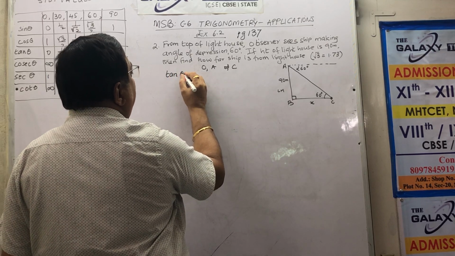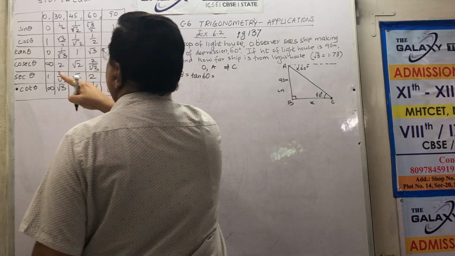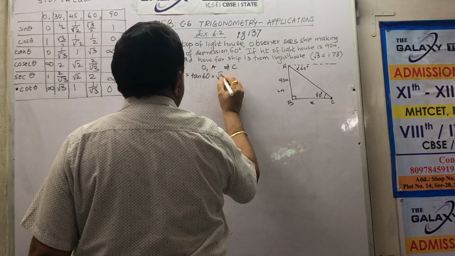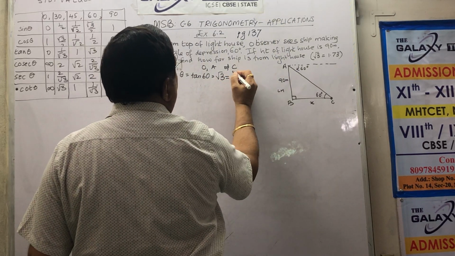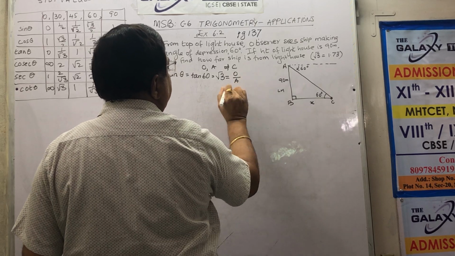Tan theta, tan 60 is root 3. And this is equal to, I'm writing for you, opposite side upon adjacent side of C.